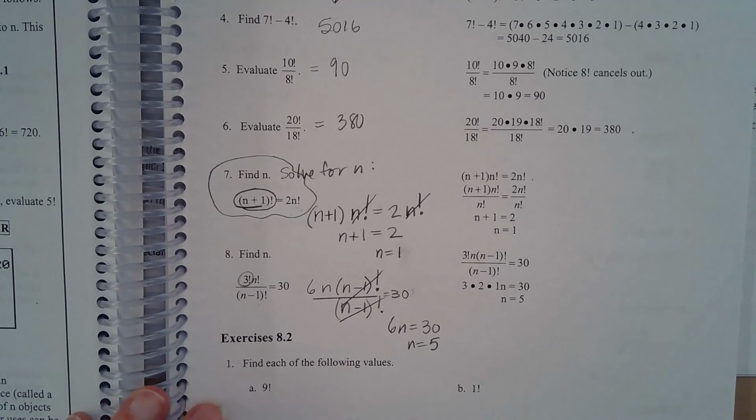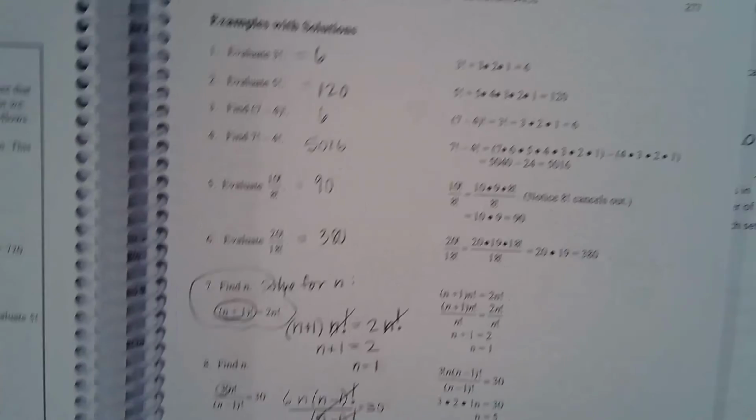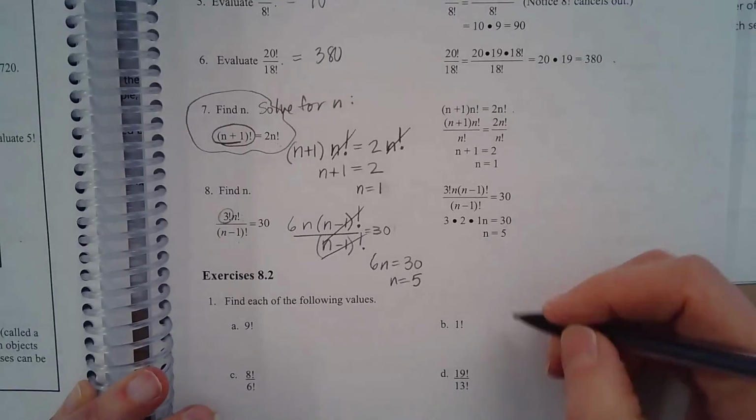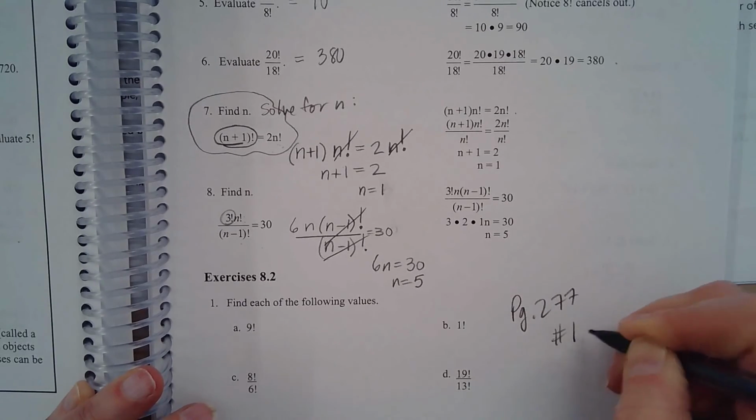Okay, so I'm going to assign for you, find each of the following values. I'm going to say finish up. I think most of you finished up that previous one. So on page 277, I'm just going to get you to do, let's see if you can do, try 1 to 3.